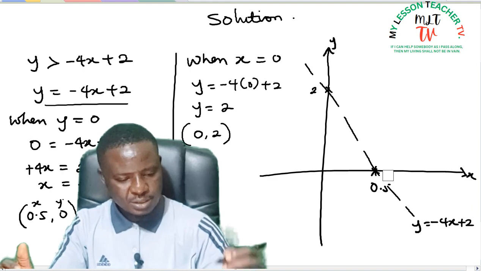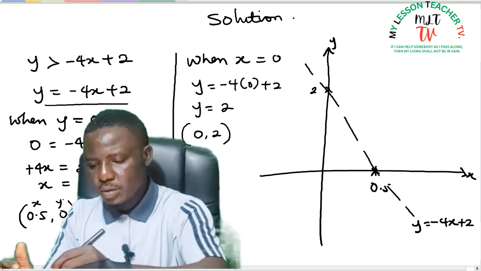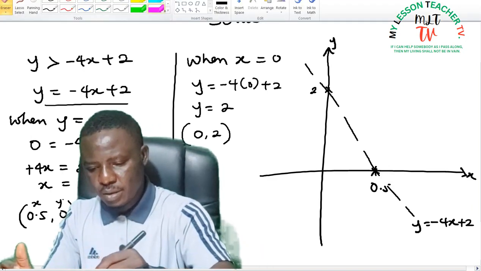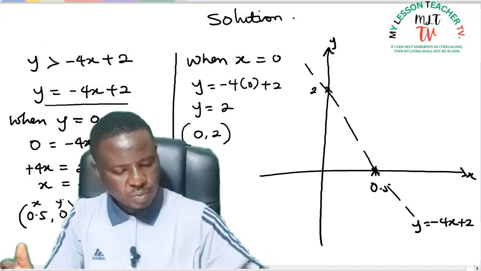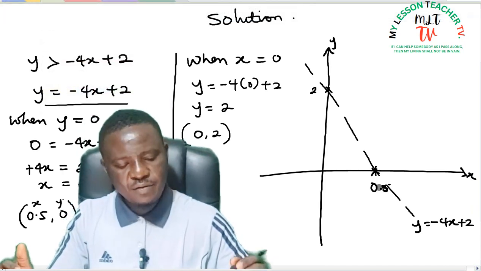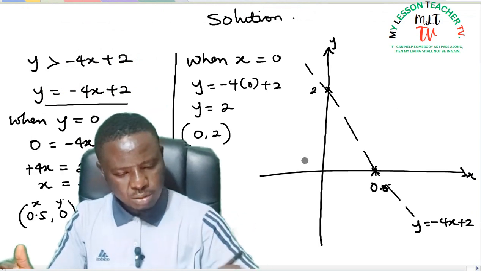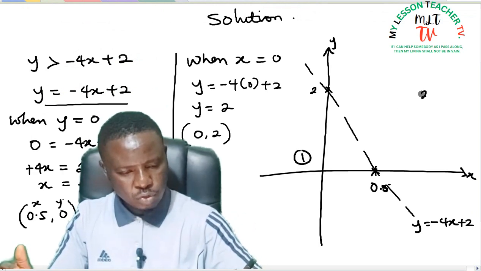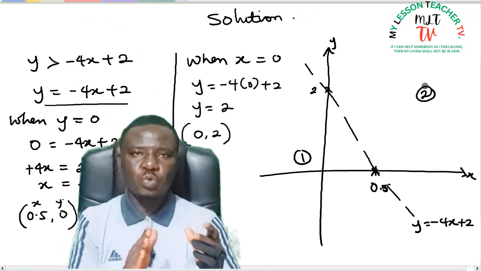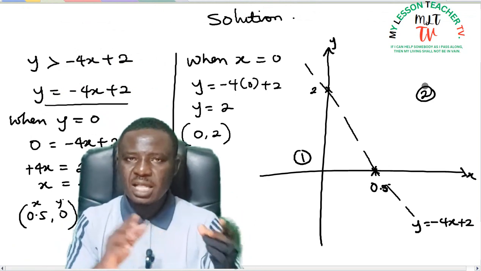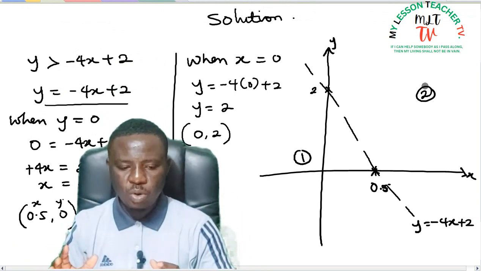Okay, so you have something like this. So this is 0.5. All right, so we have region 1 and region 2. Which of these two regions satisfies the inequality?